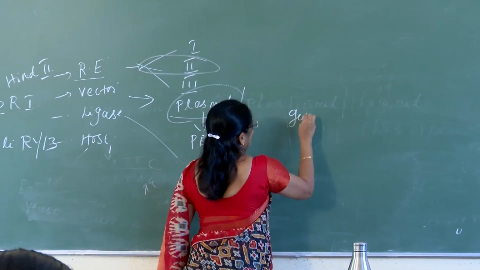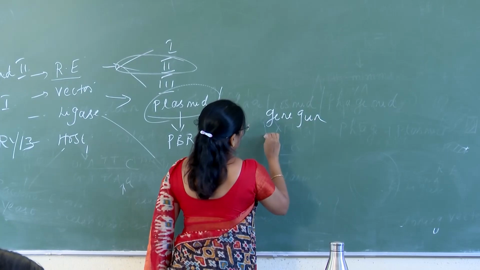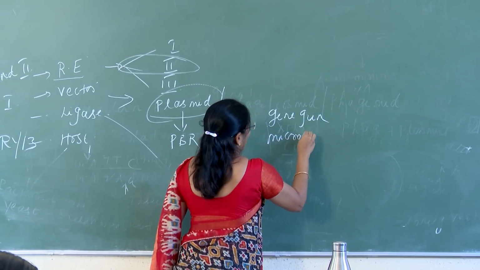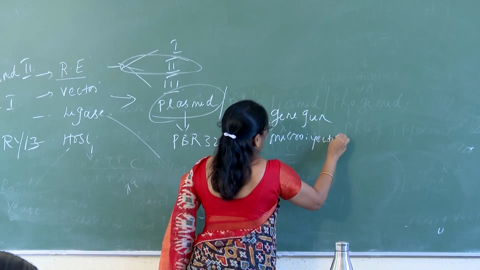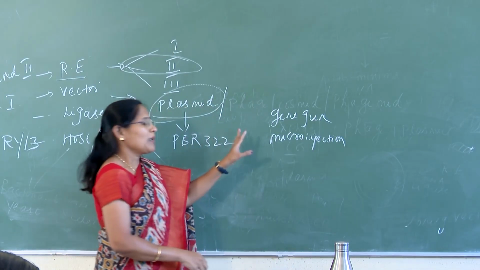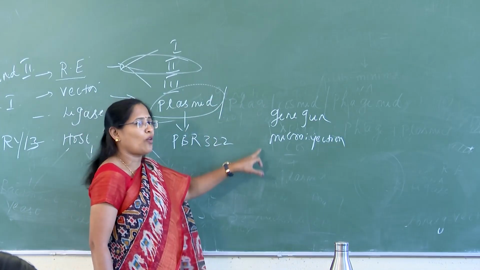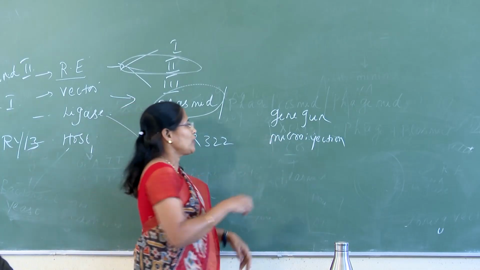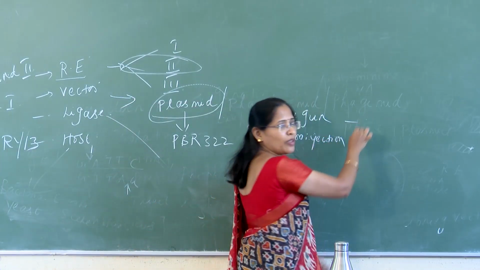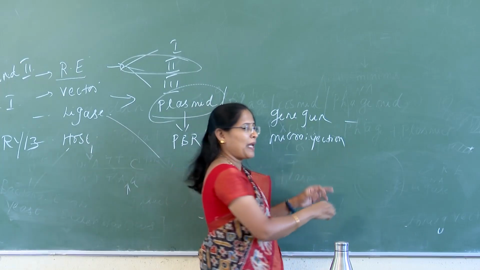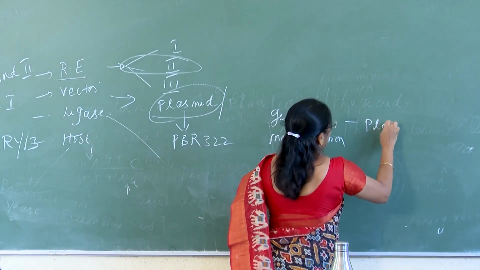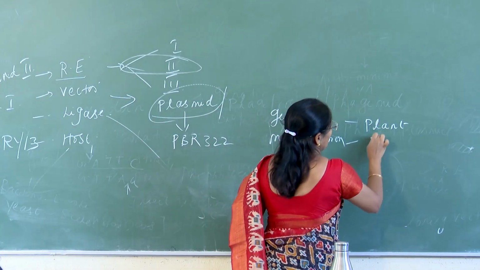Next, microinjection. Then remember, vectorless method. If the question is about vectorless methods, you can go for both of these. Gene gun we usually use for which cell? Plant cells. Whereas microinjection is used for animal cells.